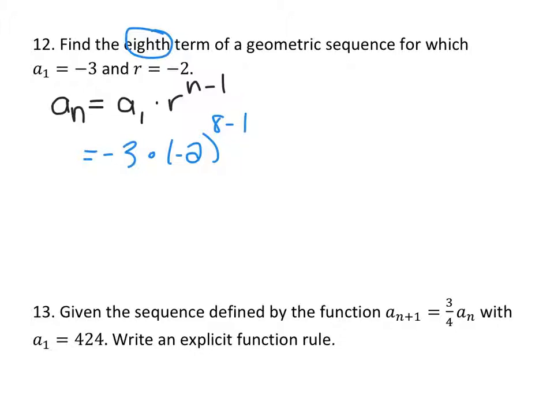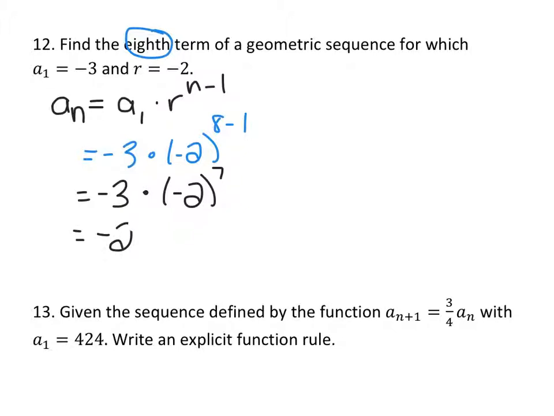Now I would advise taking this one step at a time. So we can't multiply the -3 and the -2. We've got to leave them separate. What is 8 minus 1? 7. Now let's see what -2 to the 7th is. Following our order of operations, we have to do exponents first, right? So find -2 to the 7th first.